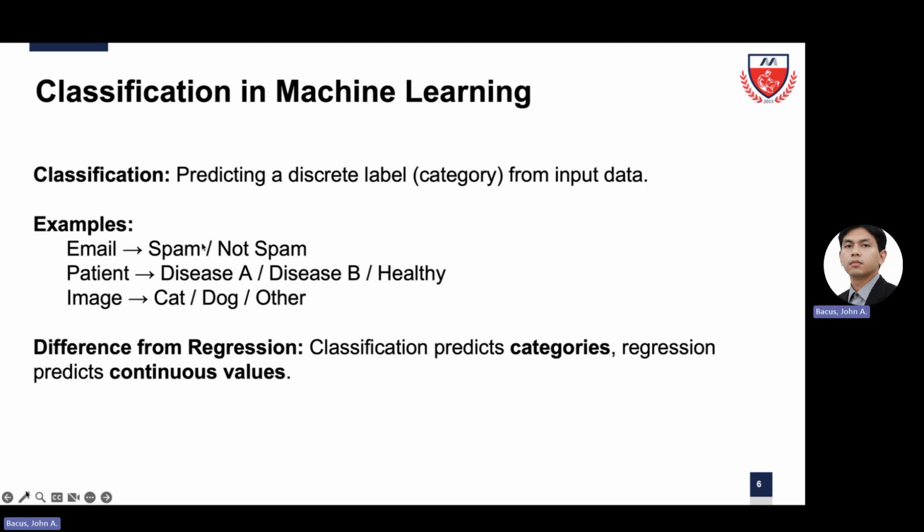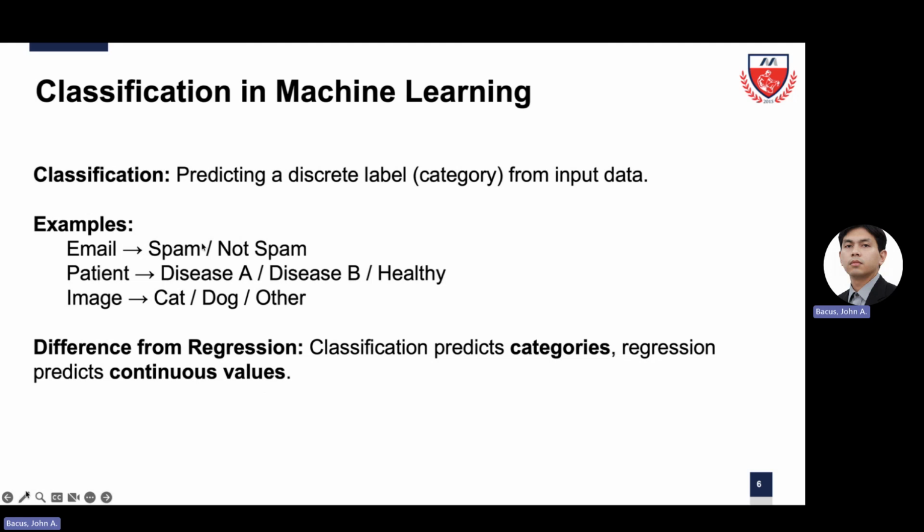So for classification in machine learning, we predict a discrete label or category from input data. We classify different kinds of things. Once again, let's have an example of image classification. You want to classify if this is an apple, banana, or any kind of fruit, or unknown.